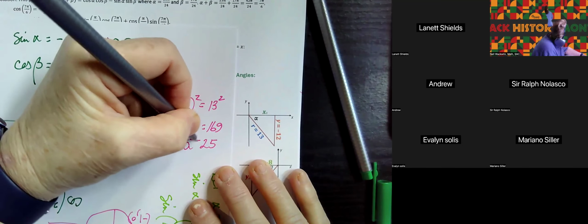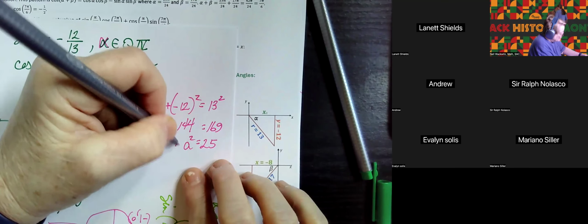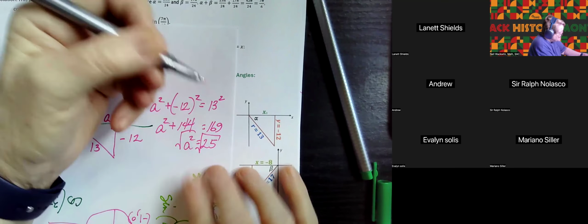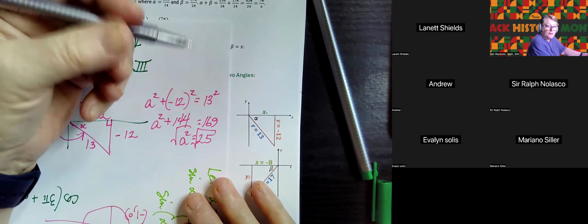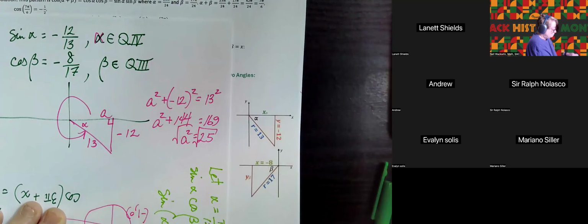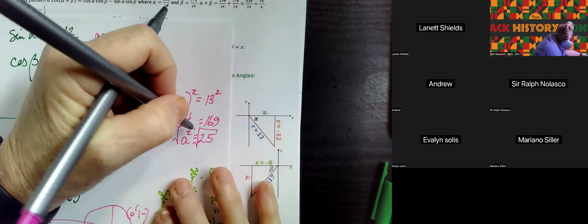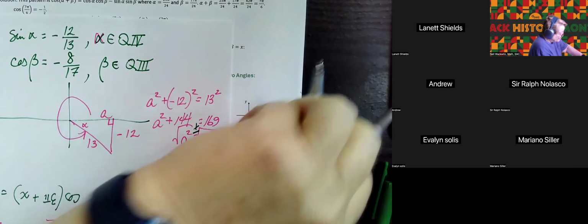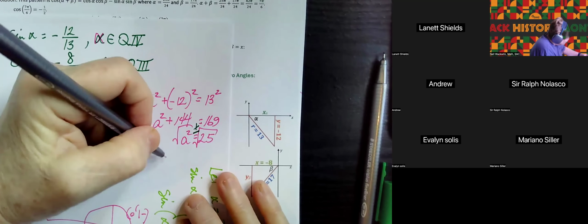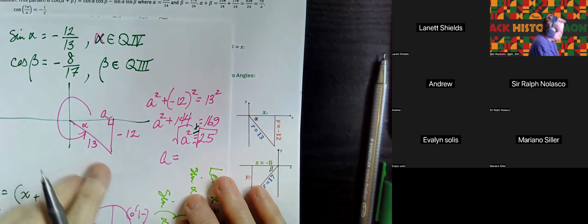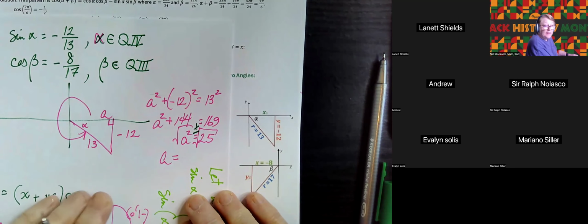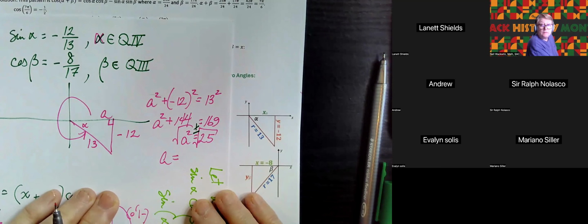So if a squared is 25, and we take the square root of both sides to get to a, what do I need to throw in here at this step? Plus or minus. Very good. And now I can leave it off. So I know that in quadrant 4, a is positive or negative.